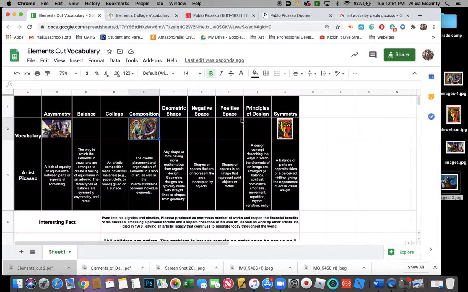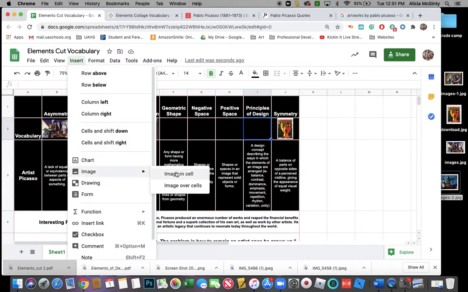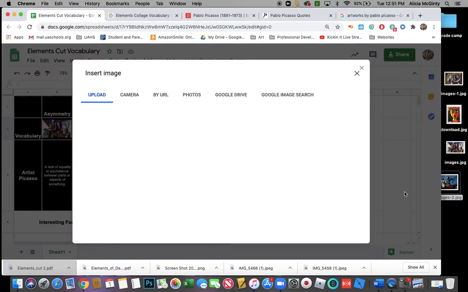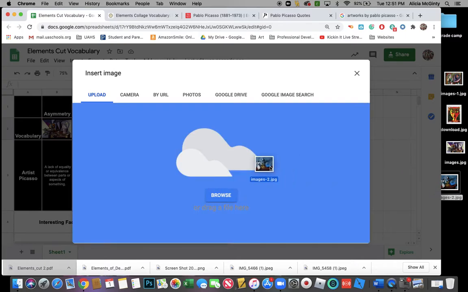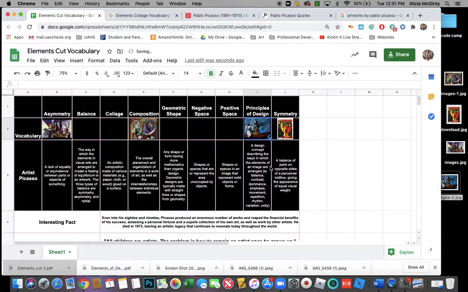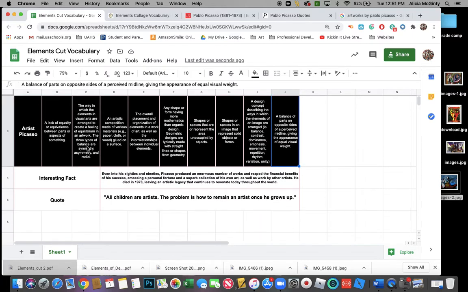And then go back, Principles of Design, Insert, Image, into Cell, and drag that over. Okay? So we're going to do that for all of the pieces in here. Okay? Don't forget your interesting fact and your quote.